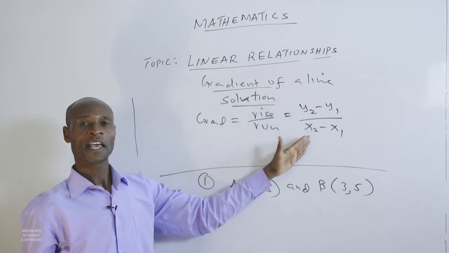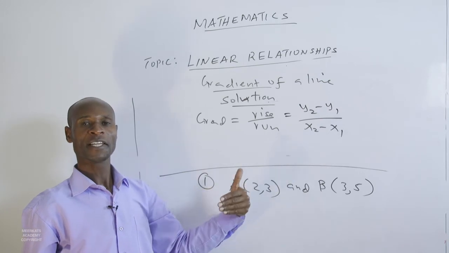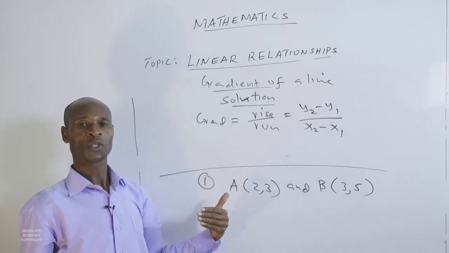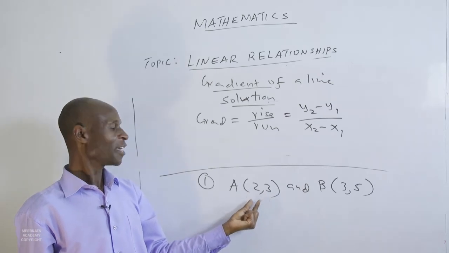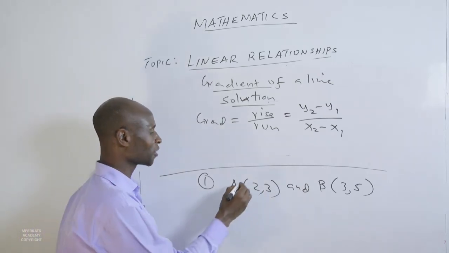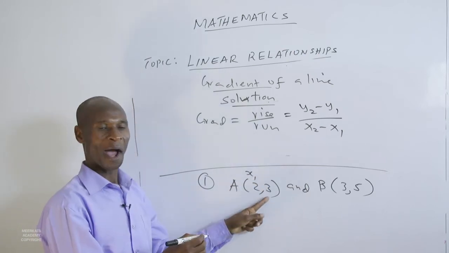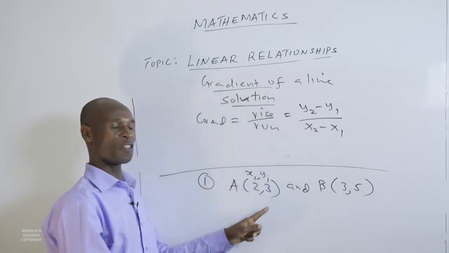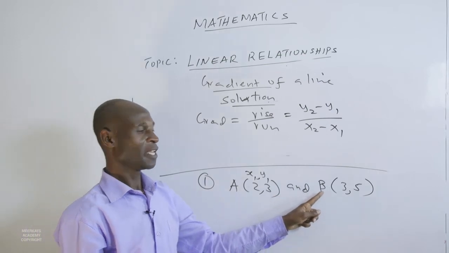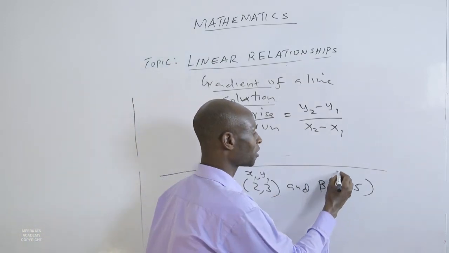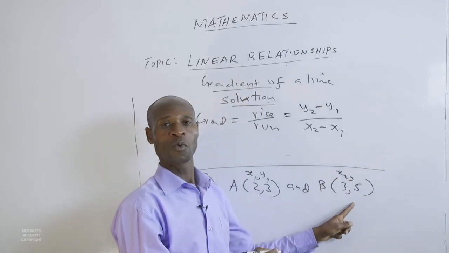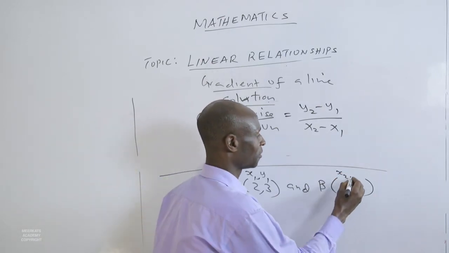Then the run is x2 minus x1 because it's the distance between 2 points horizontally. So in our point A, we assign x1 for the x coordinate and y1 for the y coordinate. In our point B, we assign x2 for the x coordinate and y2 for the y coordinate.